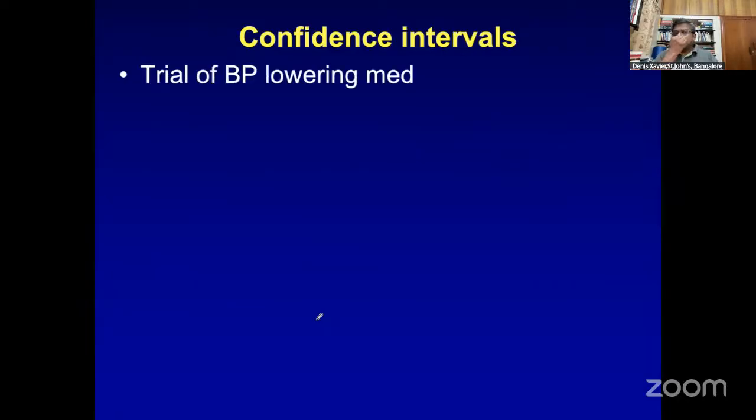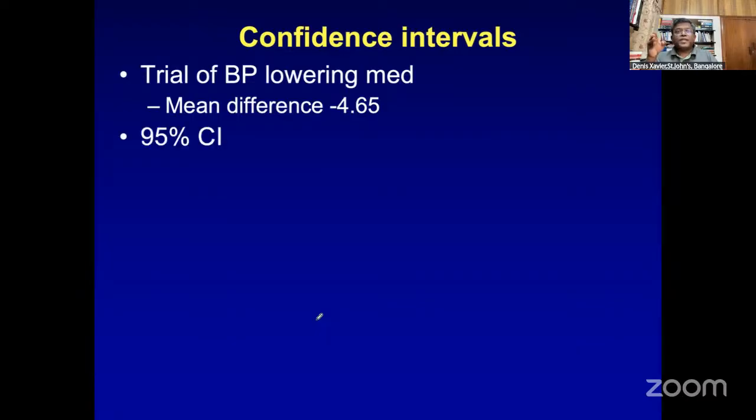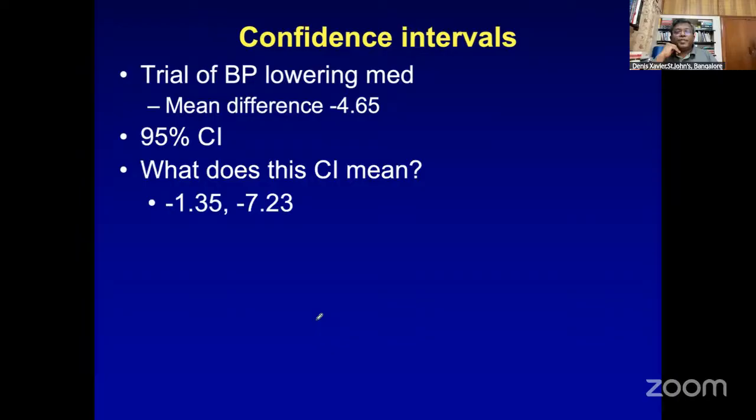Okay, so let's do a trial of blood pressure lowering medications. The mean difference is 4.65. That means there is a mean reduction of 4.65 from baseline. The 95% confidence interval is minus 1.35 and minus 7.323. What does this mean?